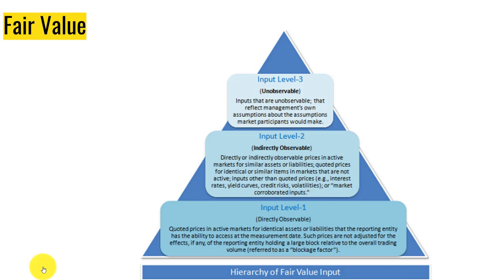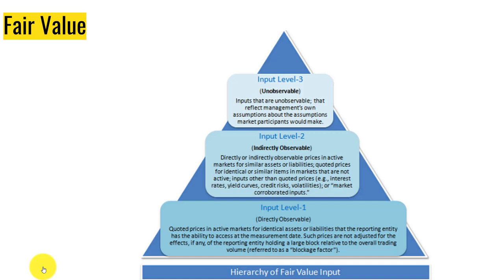And you get that amount, multiply by the number of shares or bonds you have, and you know what your asset or liability is going to be based on easily observable inputs, and you and anybody else that looks at it should come to the same conclusion. So that's where you go first. You always start with the input level 1.